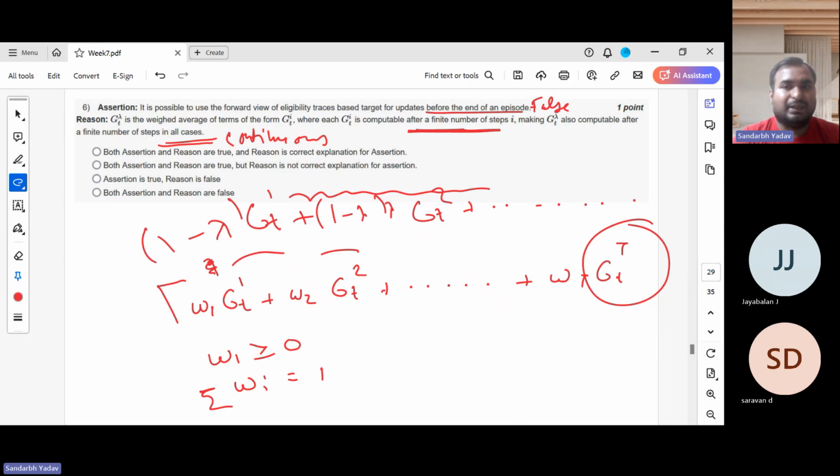It never terminated. So in those cases, we cannot say that this return is computable after a finite number of steps. If the task is episodic, you can say that at the length of the episode you can calculate this, but for continuing tasks you cannot say this. So this is also false. Although we would have got the answer from the assertion only, either way, both are false.